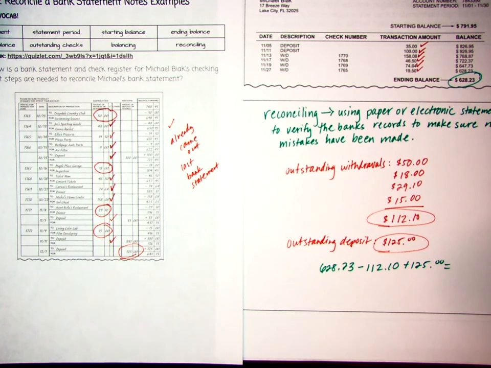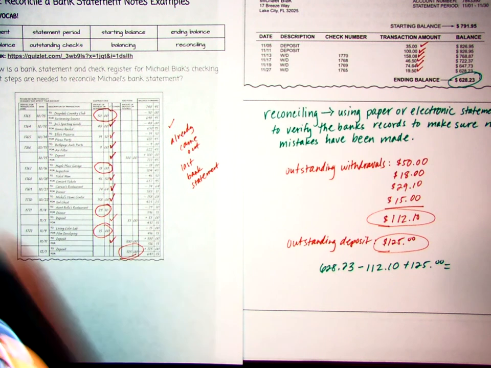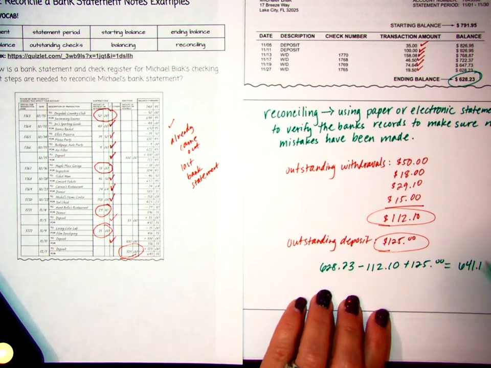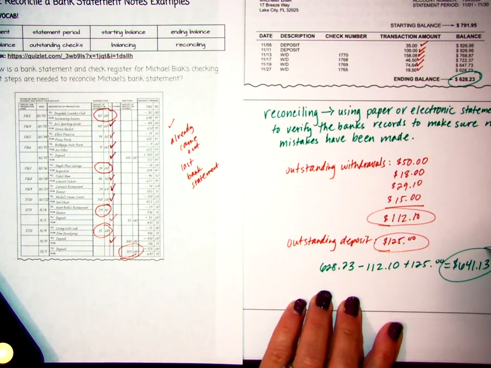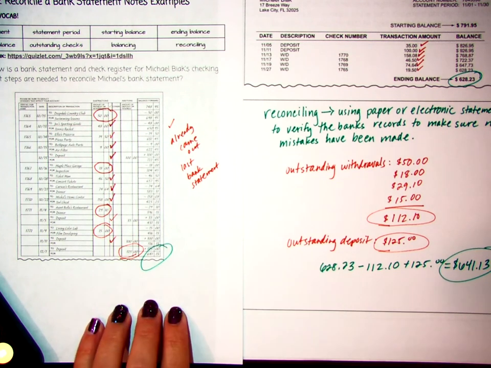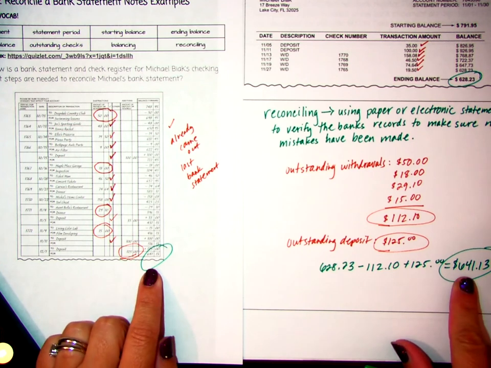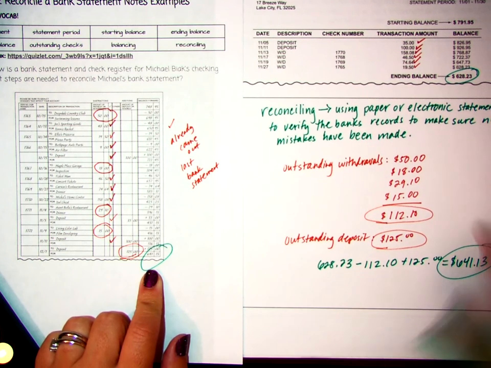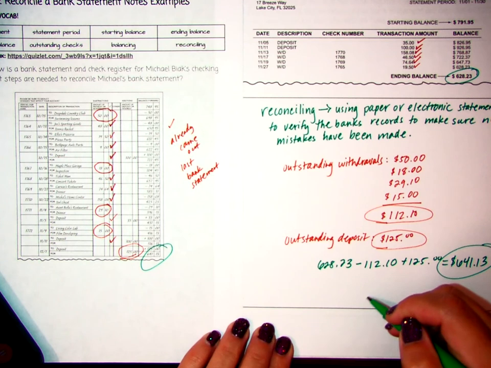So I go on my calculator, 628.23 minus 112.10 plus 125, and I get 641.13. I compare that number to the bottom of my check register, and my accounting matches the bank statement now that it's been reconciled with the outstanding withdrawals and outstanding deposits. So my bank account balances.